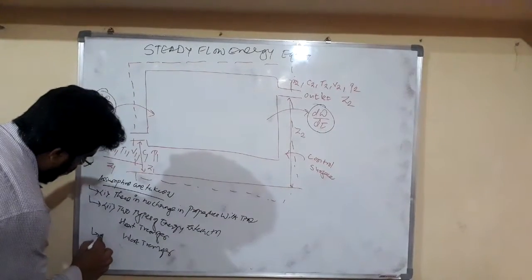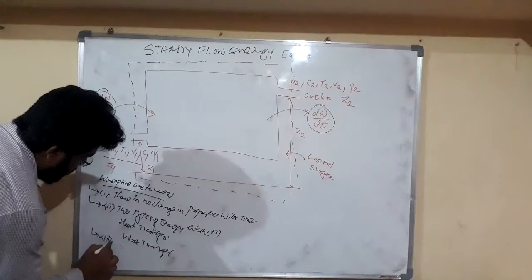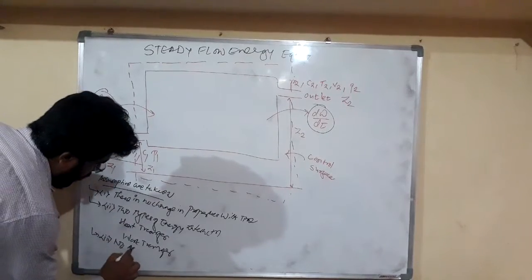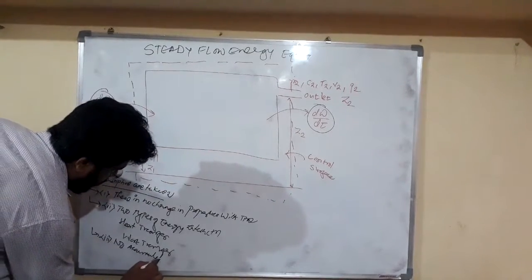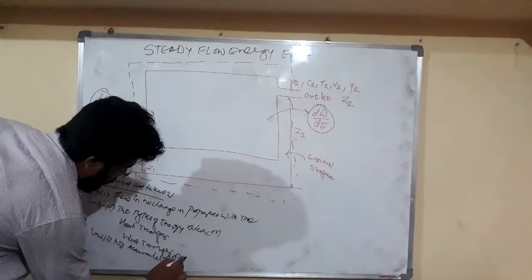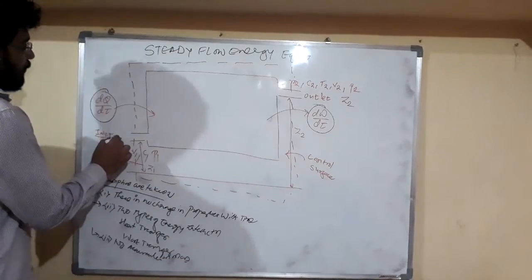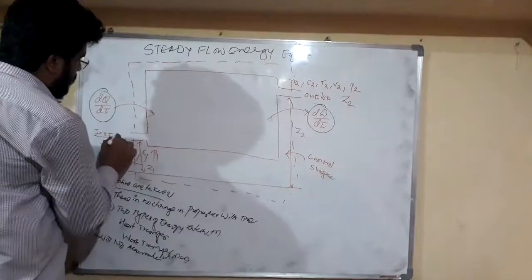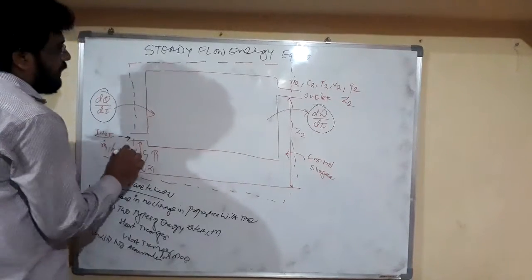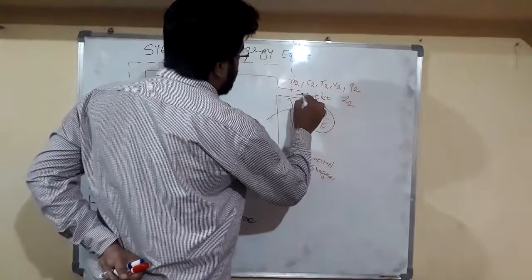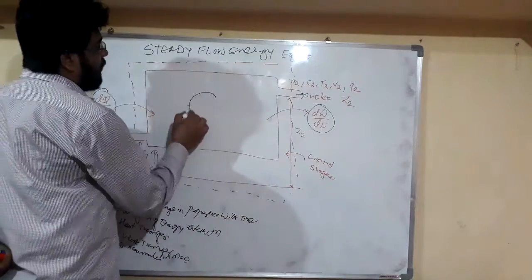Dear friends, there is no accumulation of mass. Mass is flowing from here to there, as mass at inlet is equal to mass at outlet, friends. No accumulation of mass in our system.